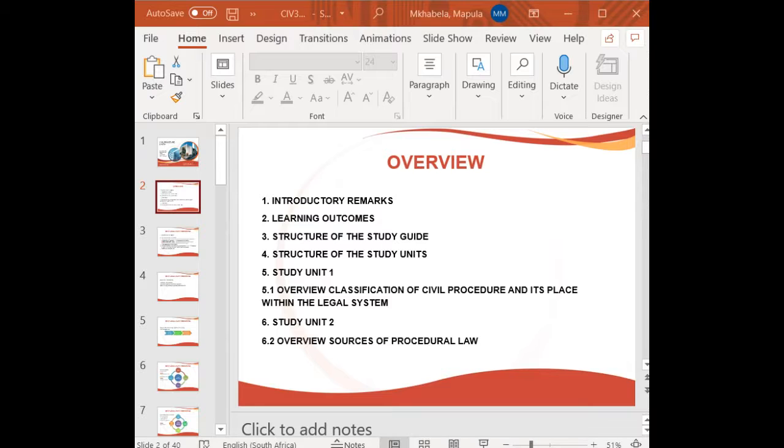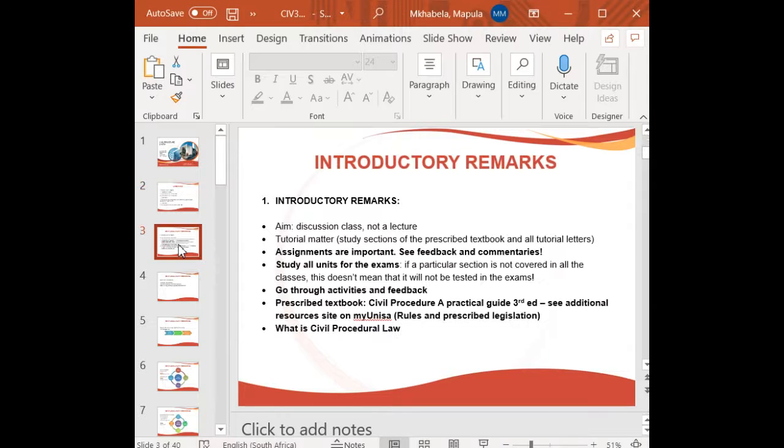The tutorial matters are designed to provide sufficient support, so that every aspect is not overlooked in preparation for your assignments and ultimately your exams.